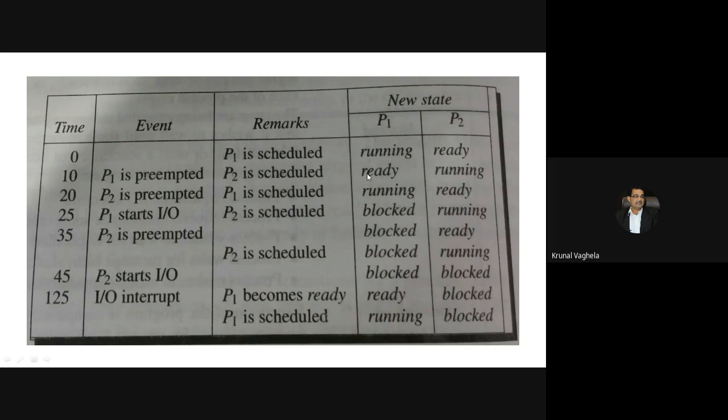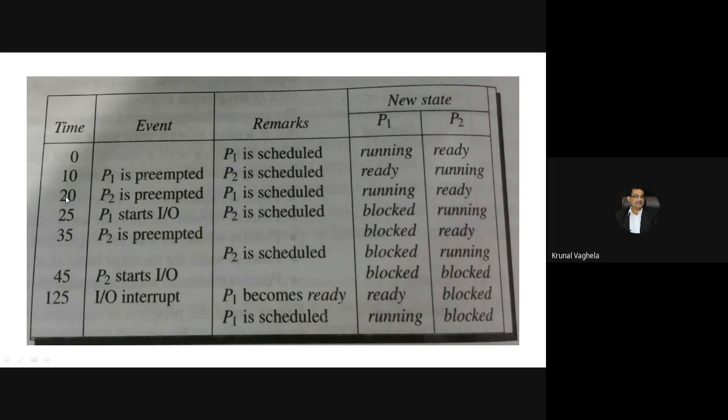The new state is P1 is ready and P2 is scheduled, that means it is running. Earlier P1 was running and P2 was ready. After 10 milliseconds, the scheduler decided to give the processor to the new process P2. So now P1 is ready and P2 is running.